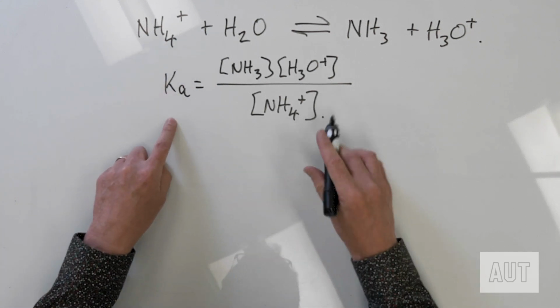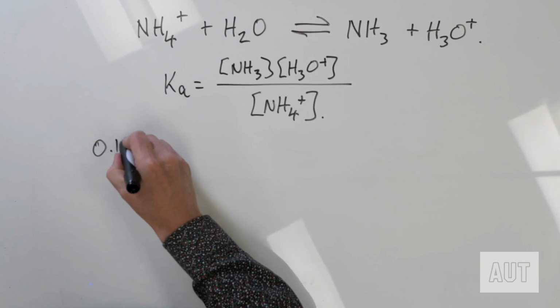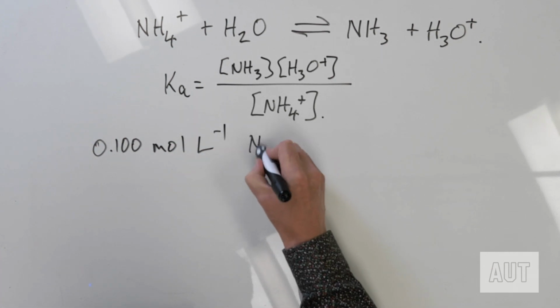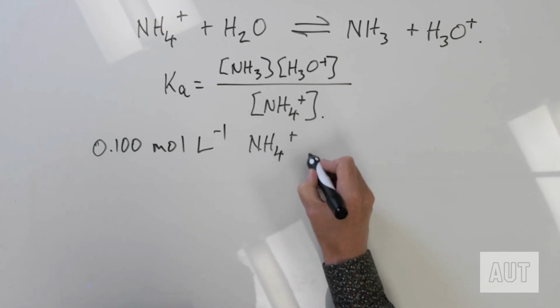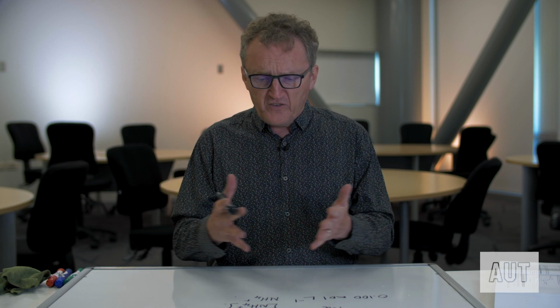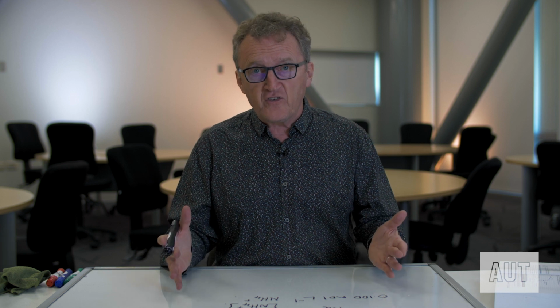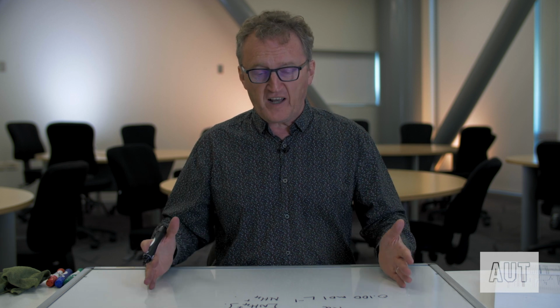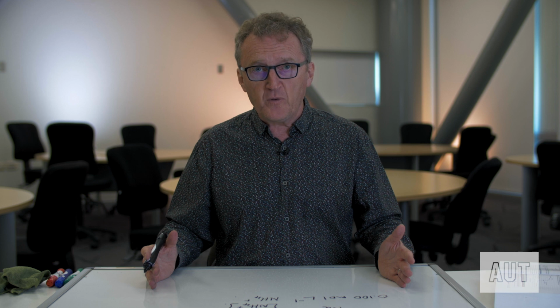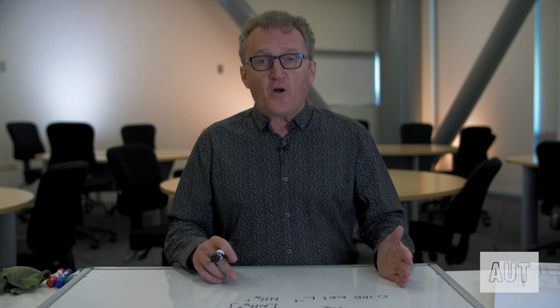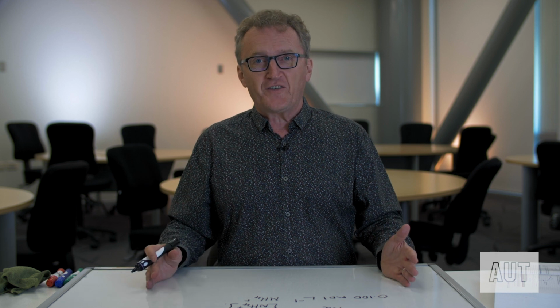So essentially what we have is a 0.1 mole per litre solution of ammonium ion, okay? That's the initial concentration. So therefore, we could do a calculation now involving a concentration table, okay, which we've done in previous examples, previous videos. We're not going to go through and do that. We're just going to do the quick and dirty method here.